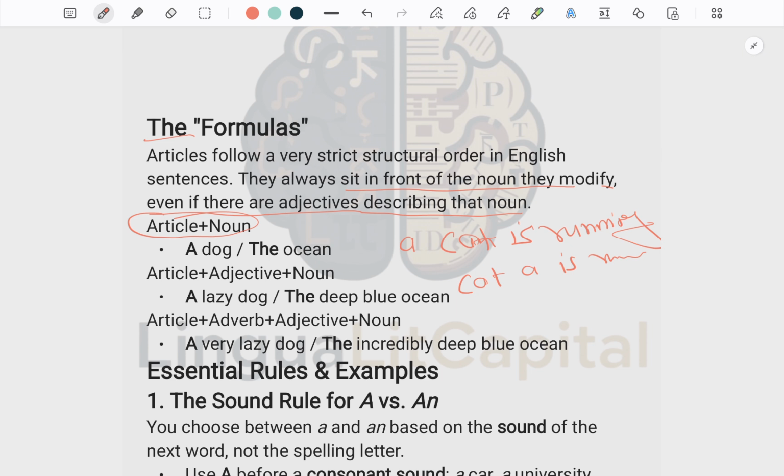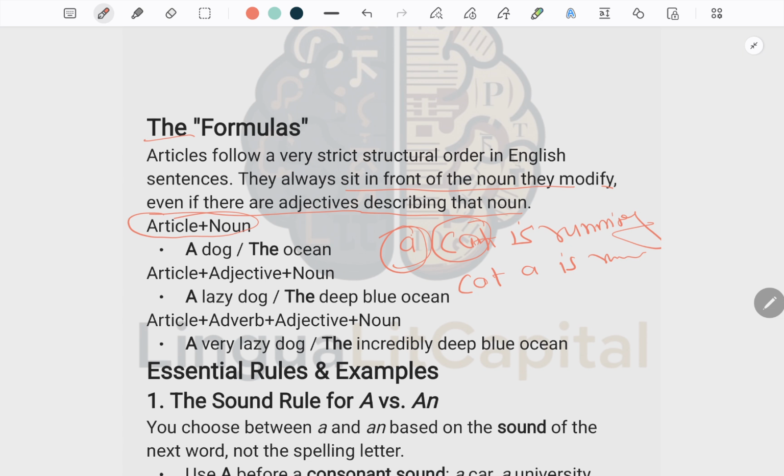I want to say that with the use of articles, whether definite or indefinite, we use articles before the noun to fix or unfix the position of a noun.